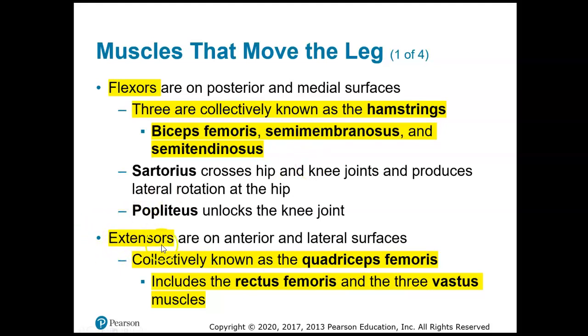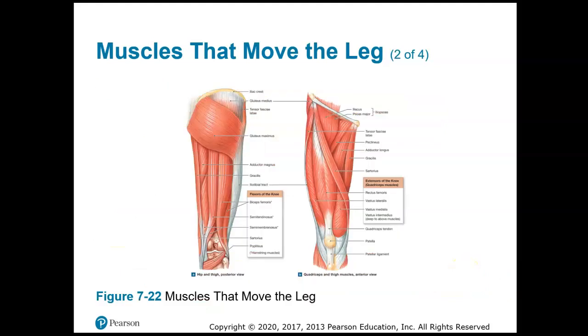The muscles that extend at the knee, they're called extensors, and altogether they're known as the quadriceps femoris or just the quadriceps. They include the rectus femoris, and then remember the three vastus muscles, the vastus medialis, vastus intermedius, and vastus lateralis. So I will find those for you. We have the hamstrings, which would be the biceps femoris, the semitendinosus, and the semimembranosus, these three.